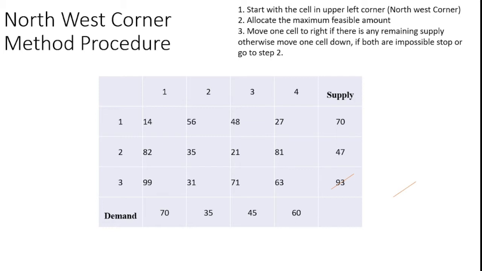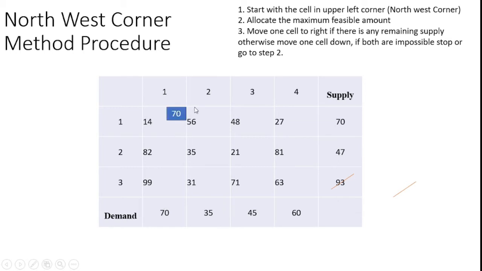From this, how can we solve this problem? Let's see. First, there are 3 origins 1, 2, 3. The distribution stations are 1, 2, 3, 4. The first Northwest corner is cell 14. Here the supply for this origin is 70 and the demand is also 70. How can I allocate the resources?